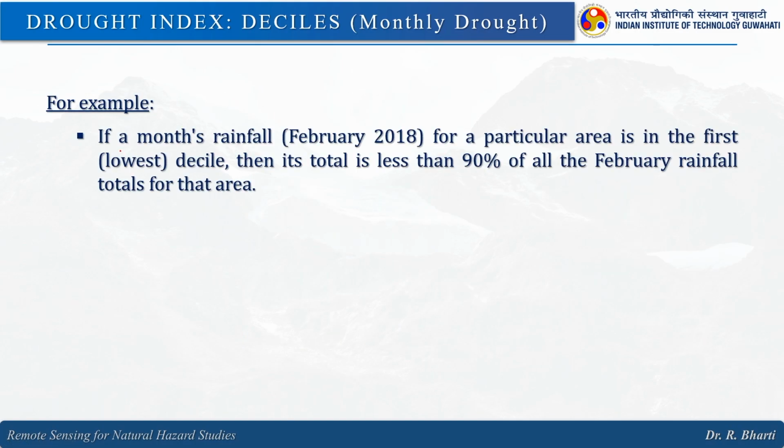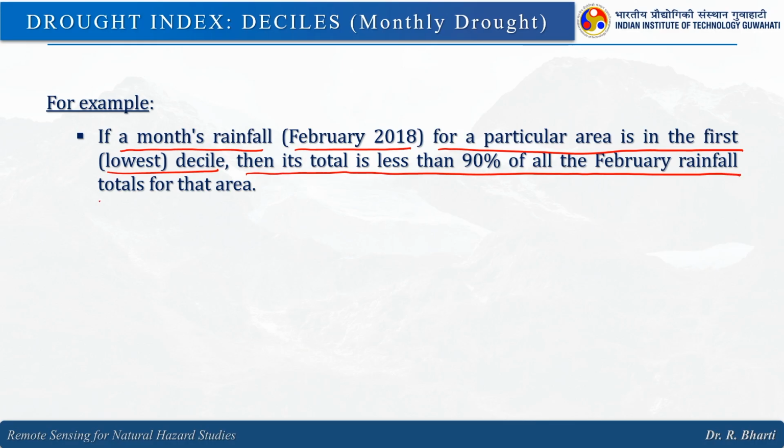So, for example, if a month's rainfall, February 2018, for a particular area is in the first lowest decile, then its total is less than 90% of the February rainfall totals for that particular area. I hope this is clear. If a monthly rainfall for a particular month of a year for a particular area is falling in the first decile, the first 10%, then its total is less than 90% of the total rainfall occurred in that particular month.